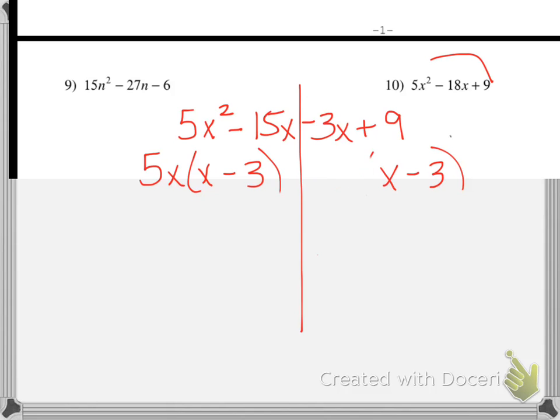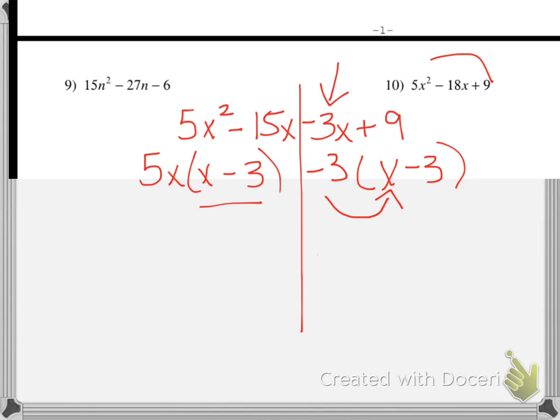Another option would be, if that confused you a little bit, since you know you need a match, write it there. And ask yourself, what would I have needed to take out so that this times this gives me this? And it would have had to be a negative 3, because negative 3 times x is negative 3x. Just a couple hints.